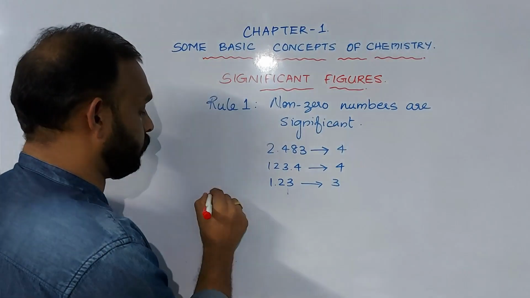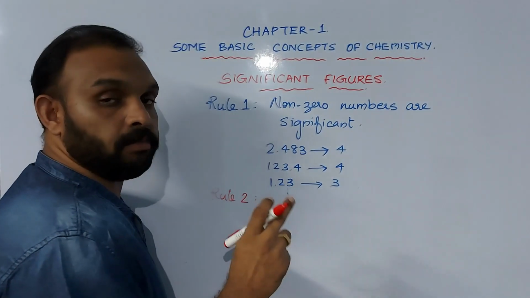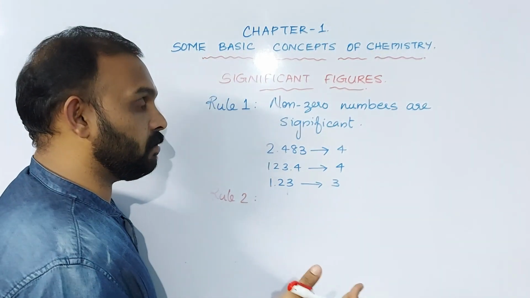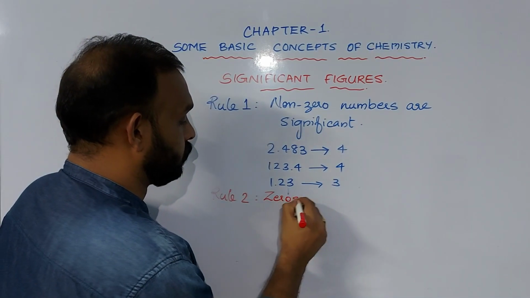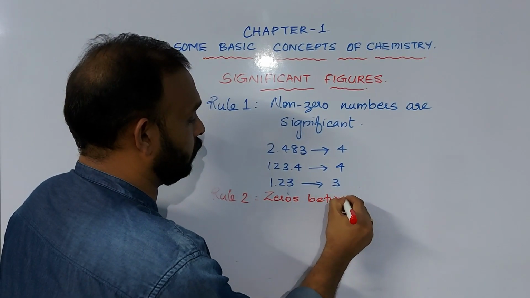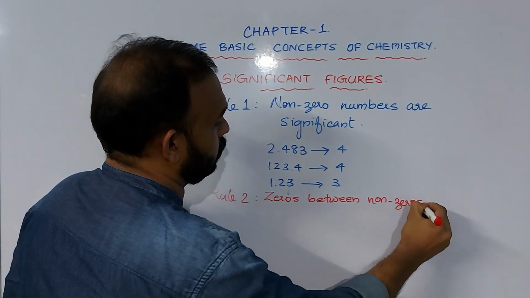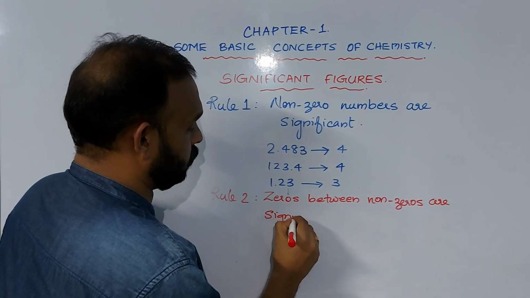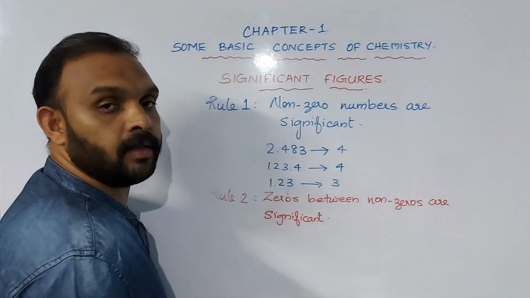Now the second rule. The second rule is zeros between non-zero numbers are significant. So the zeros between non-zero numbers are considered as significant.